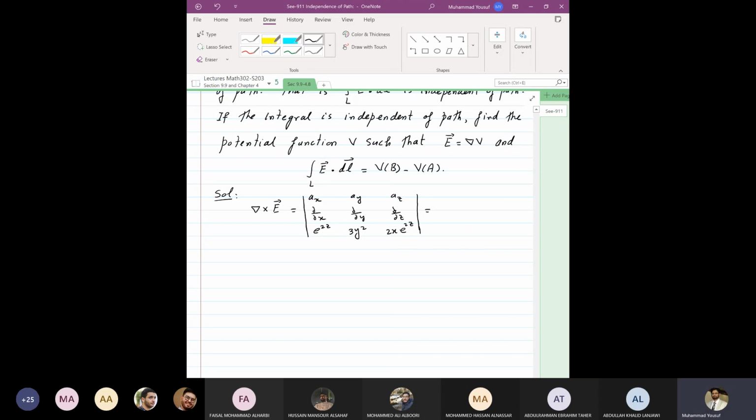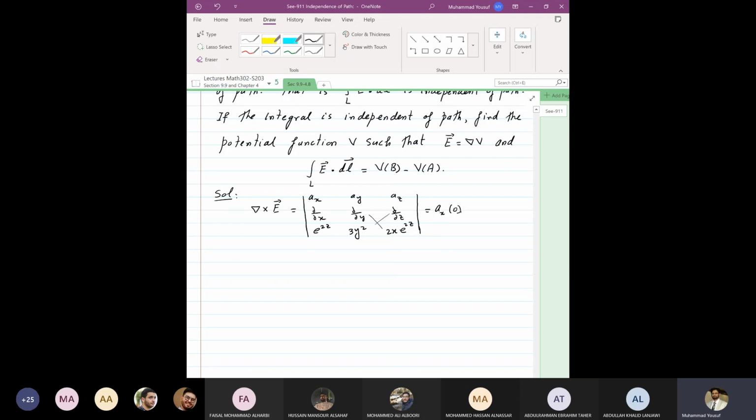Now this is equal to ax bracket: partial derivative of 2x e power 2z with respect to y is 0. Similarly, partial derivative with respect to z of 3y square is also 0.